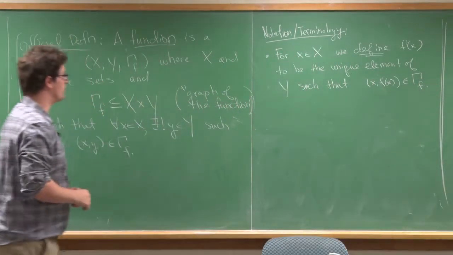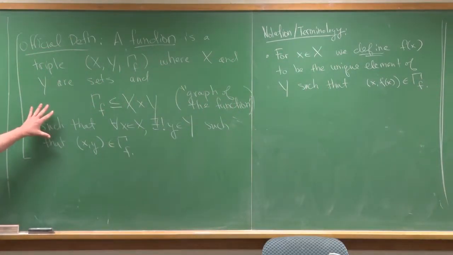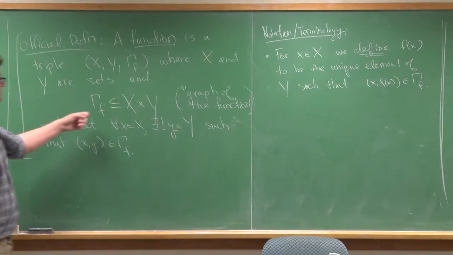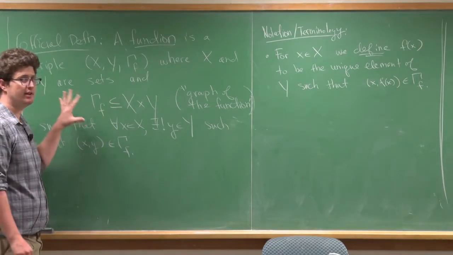Okay? So this is considered as the primitive thing, although we think of f as being the rule, right? This is the basic object.